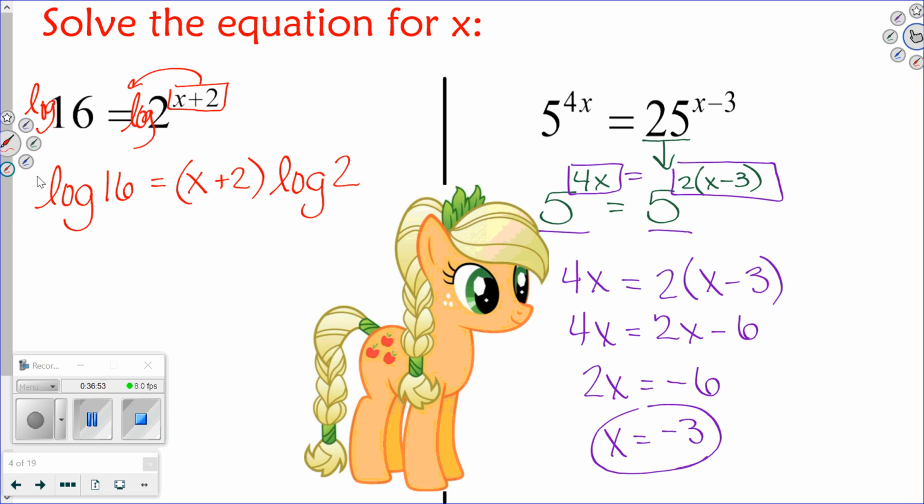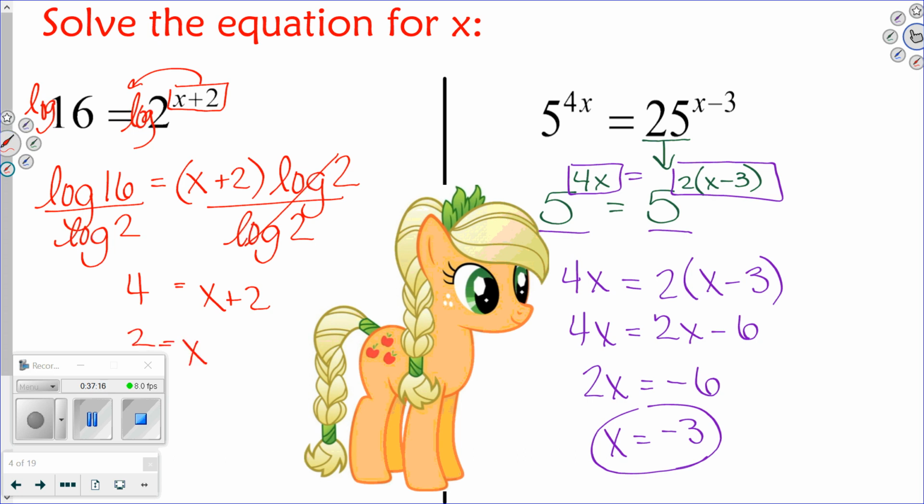And then you would divide by the log of 2. So you would have the log of 16, close parenthesis, divided by the log of 2. This would give you 4. And then to solve, you'd get x equals 2. It's the same thing I did before.